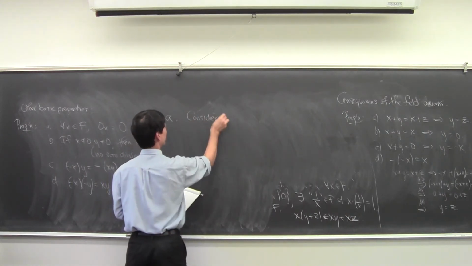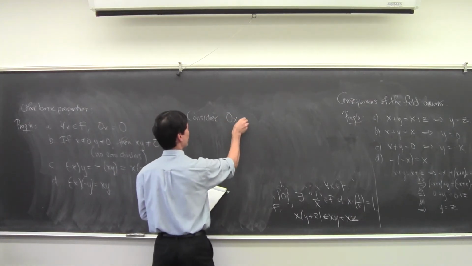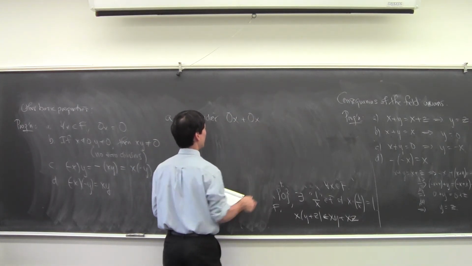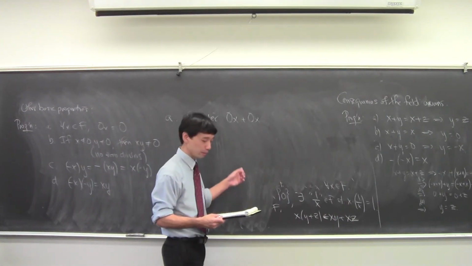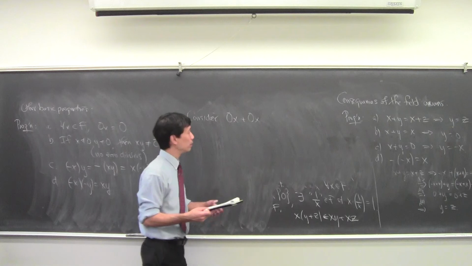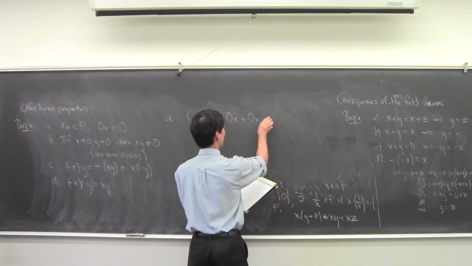Consider 0 times that number and 0 times that number again. So consider 2 copies of it. Some of you may have seen this before in your linear algebra class.